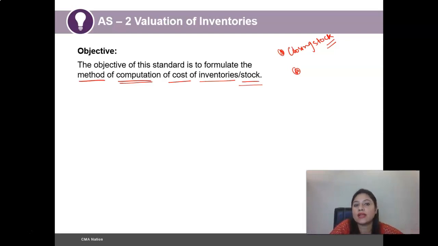So how do we bifurcate between the valuation of certain goods which are in the processing stage and certain goods that are at the completion stage? How do we value such inventory in the books of accounts? All of that is established from the accounting standard 2, which is on valuation of inventories.